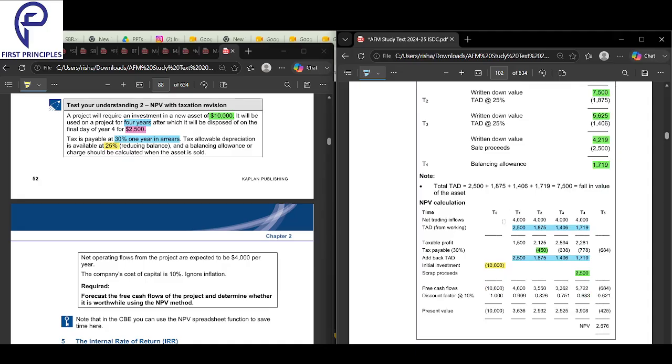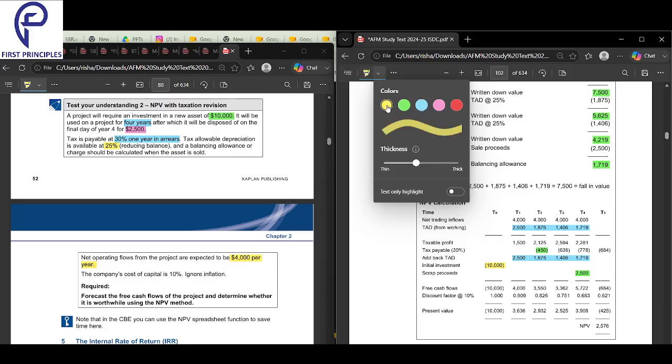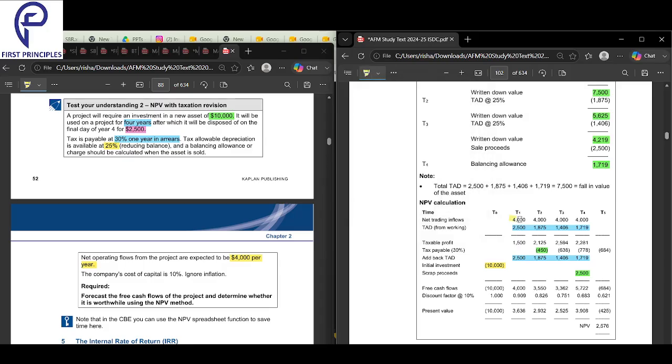So first you subtract it from your net trading cash flows of 4,000 per year. So this is how you get your 4,000s first. They've given you the net trading. From the net trading, you subtract your tax allowable depreciation, so you get a taxable profit.